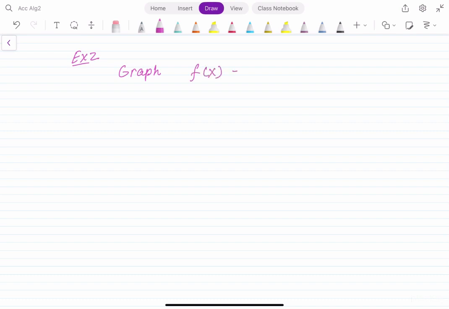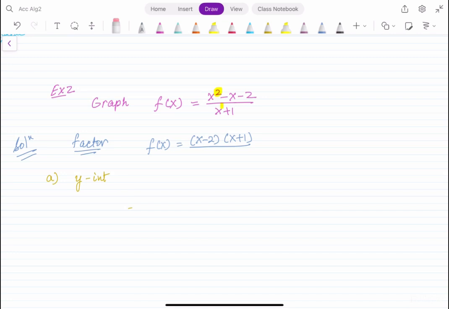So we are graphing f of x is equal to x squared minus x minus 2 divided by x minus 1. So first thing, we can factor it out.